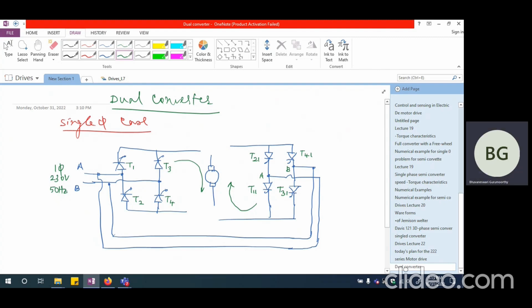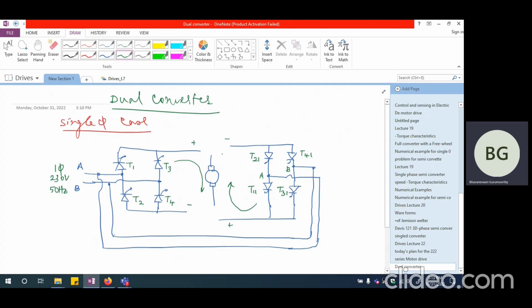Now, if I try to fire both of them at the same firing angle alpha, this will give me plus here and minus here, whereas the other will give me plus here and minus here. So I can't really short circuit them. In that case, there will be a huge amount of circulating current.